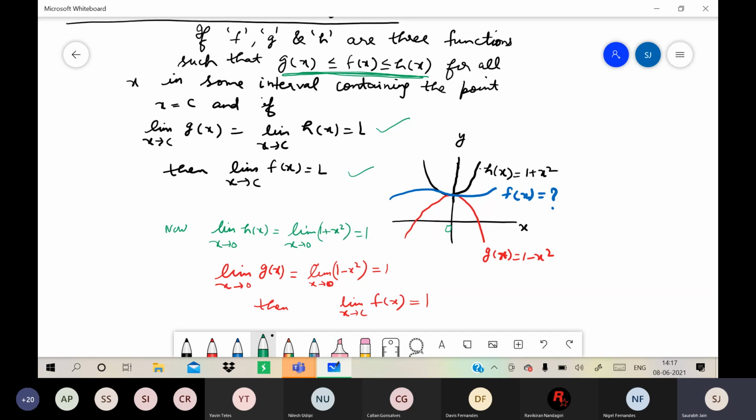So here we can say that f(x) is sandwiched between h(x) and g(x). That is the situation. So, get an inequality and then find the limit of the first and last, that means g(x) and h(x). If both of them come out to be the same, then that will be the limit of the middle function as well. That is the statement.